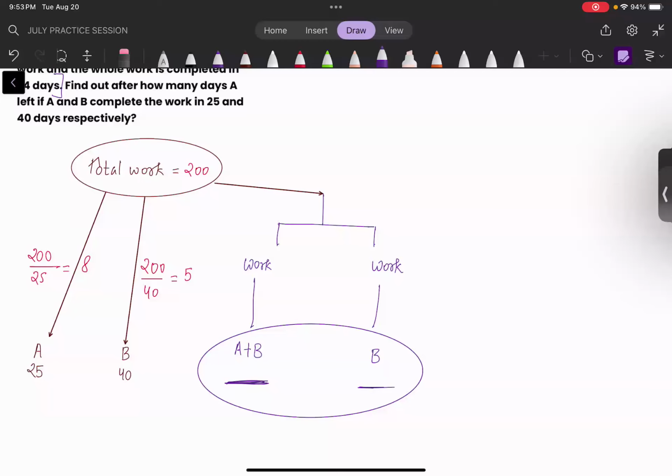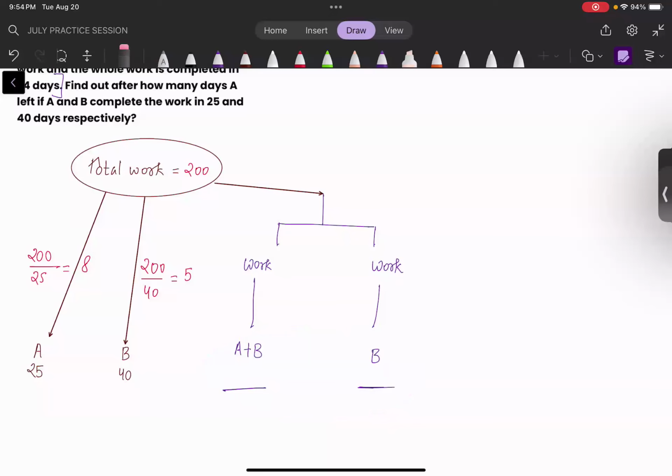Now you have to tell carefully. Answer please. A plus B and B. I'm removing this situation.